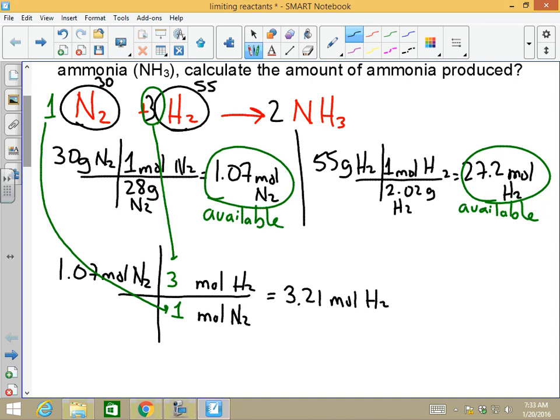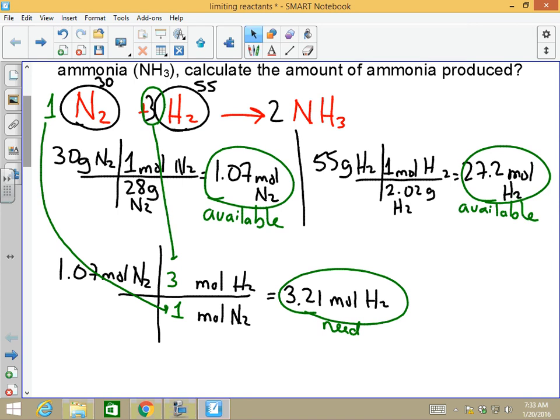So what I need is 3.21 moles of H2. Now let's compare H2 and H2, because those are the two I have available to work with. If I need 3.21 moles of H2 but I have 27, I have an excess of H2.